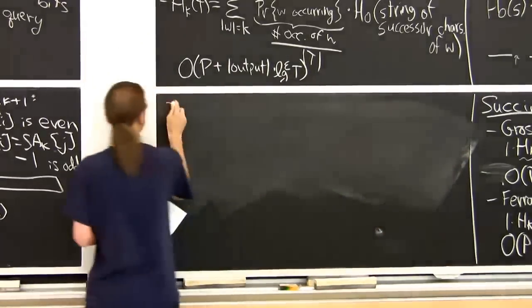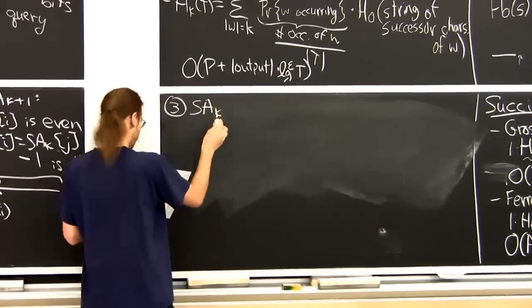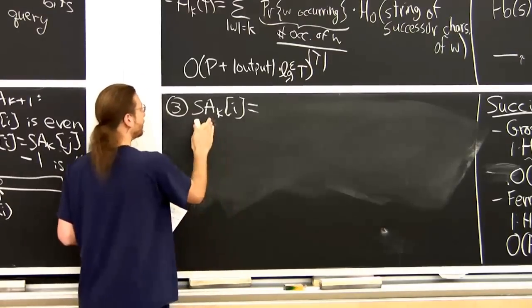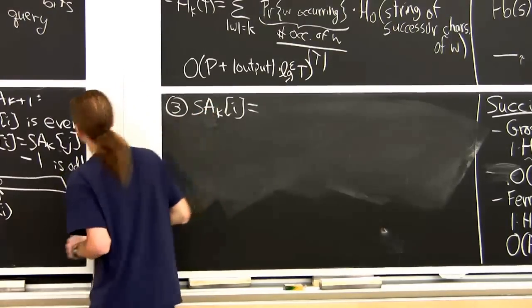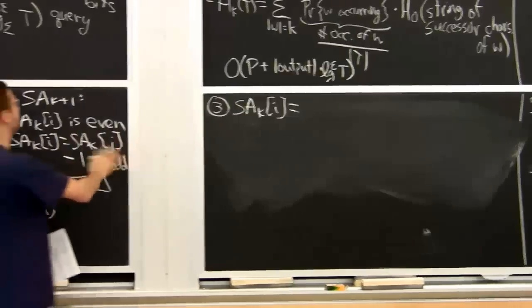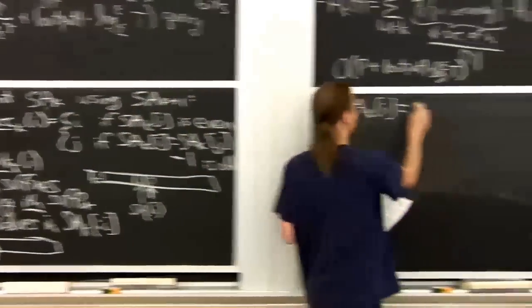So here's observation 3, putting these together. This is a rather long equation. Ultimately, I want to represent SK of i, and I want the right-hand side to only refer to SAK plus 1. So here's the claim.